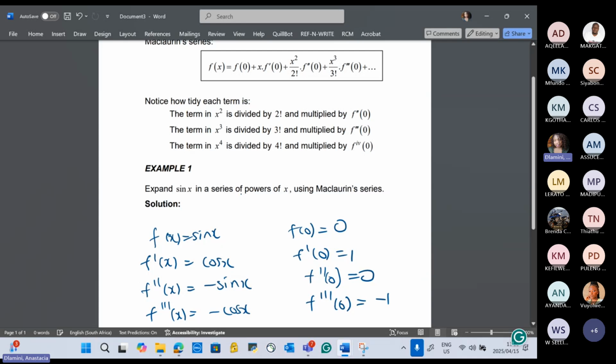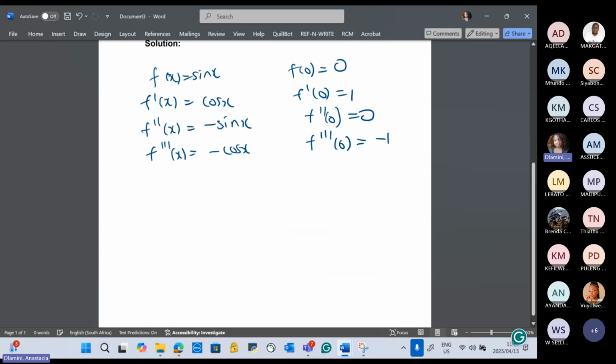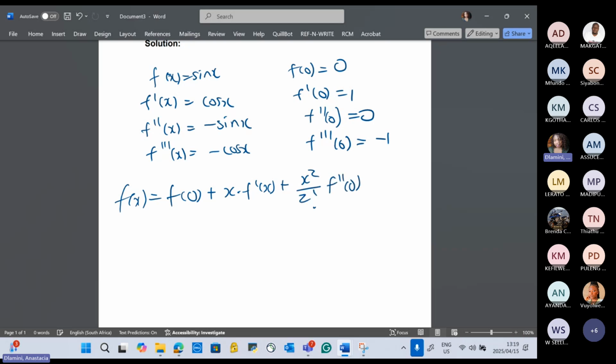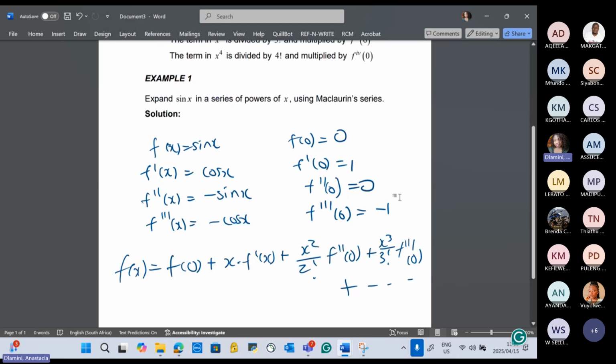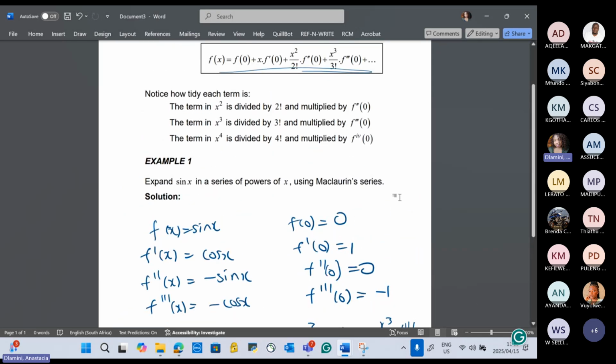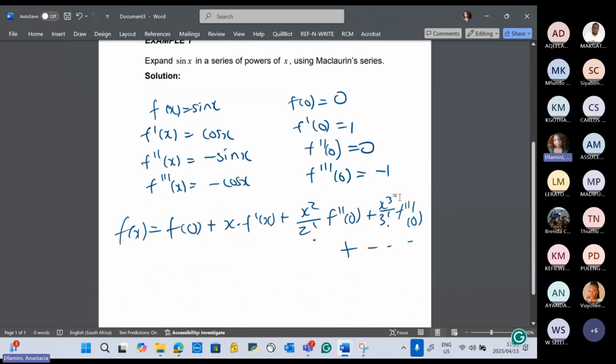So according to Maclaurin, this is where you need to substitute. So f of x is equal to f of 0 plus x times f prime of 0 plus x squared over 2 factorial times f double prime of 0 plus x to the power of 3 over 3 factorial times f triple prime of 0 plus ... To show that the Maclaurin series is an approximation, you are showing that it's continuing.